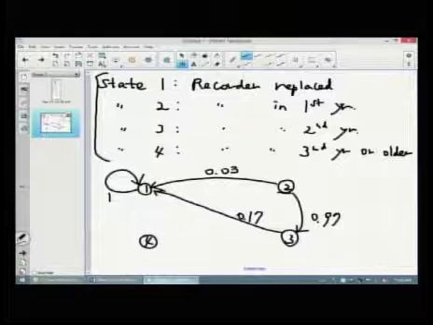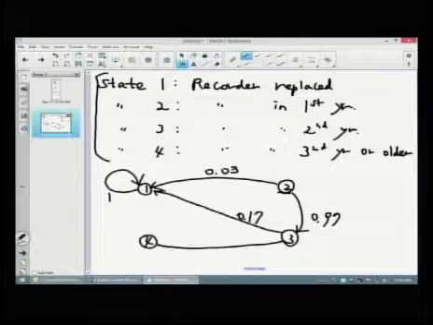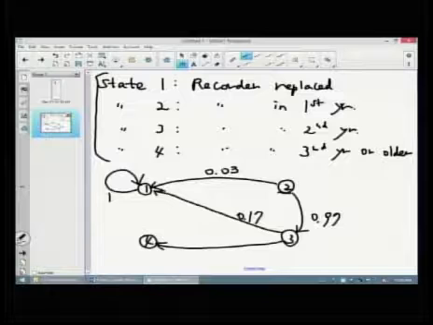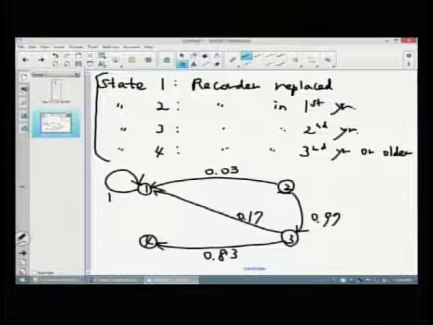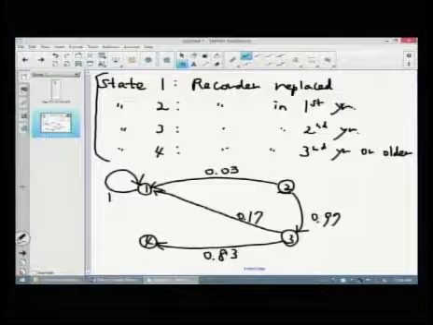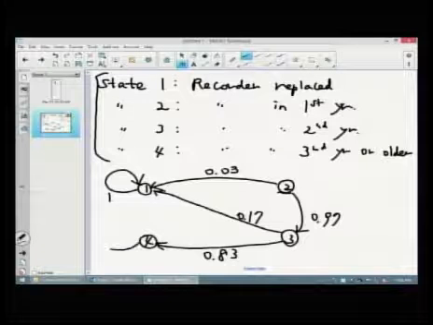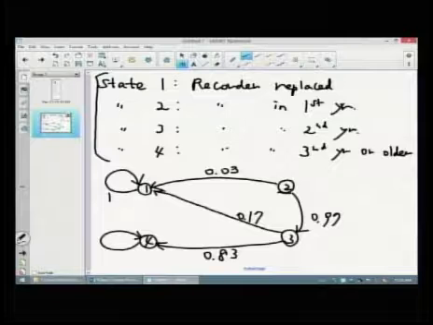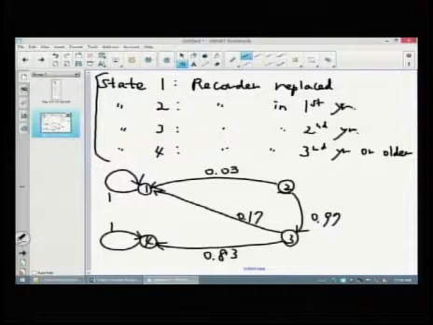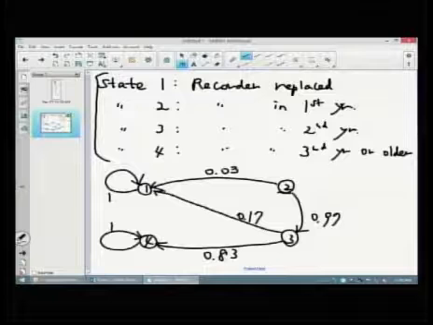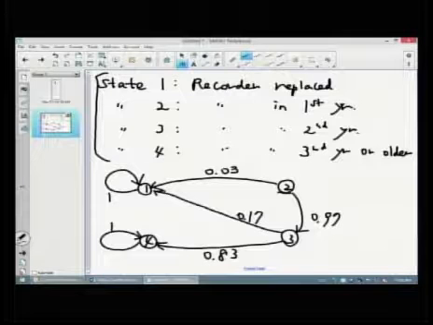Unless otherwise, it will survive with 83%. And then we have another absorbing state, state number 4. Does that make sense?